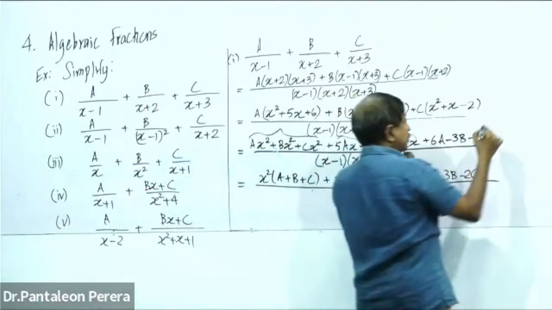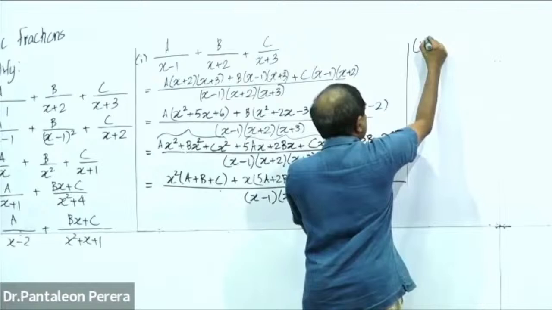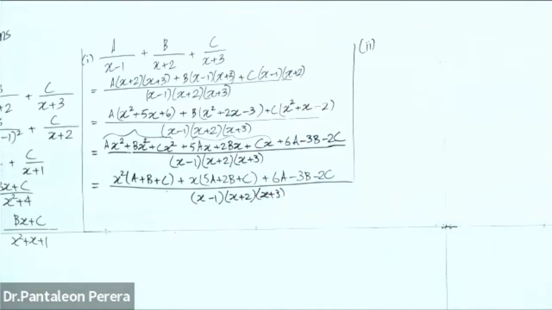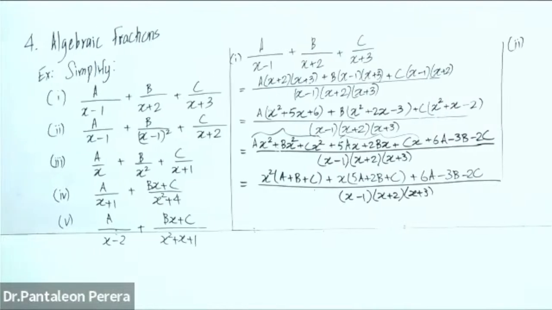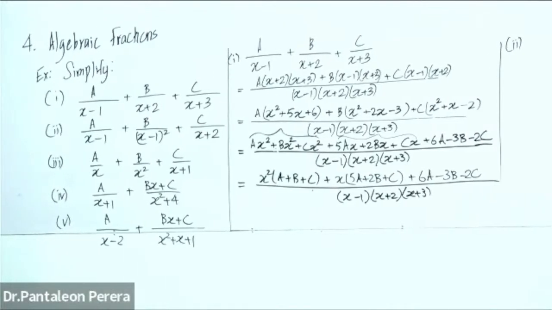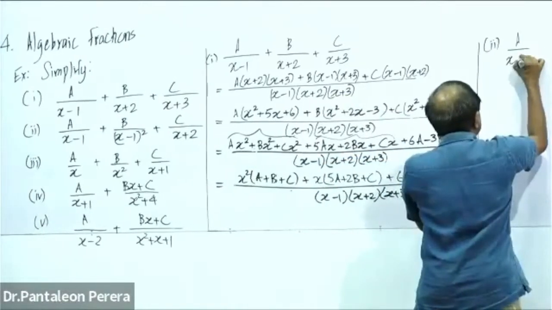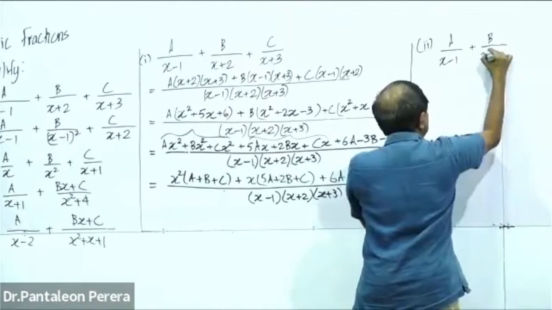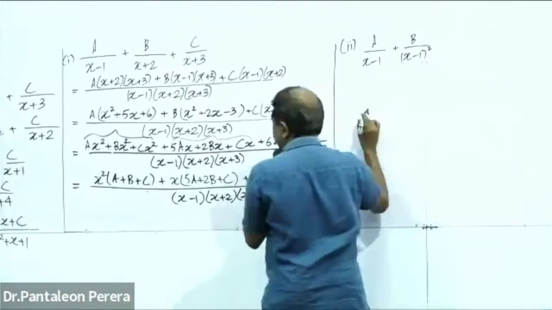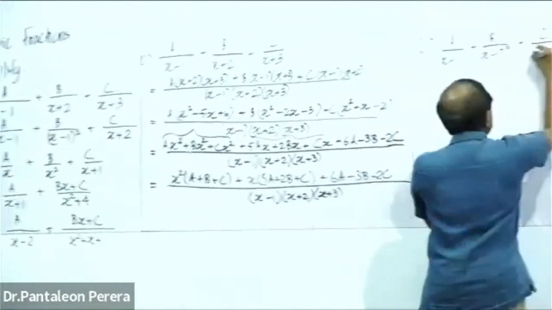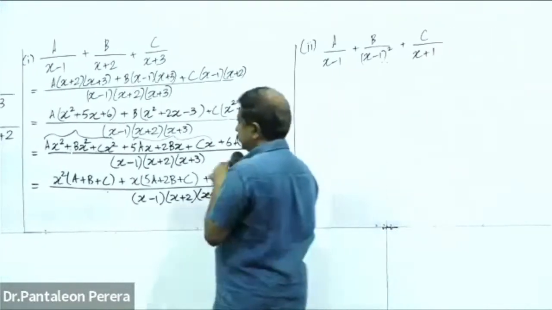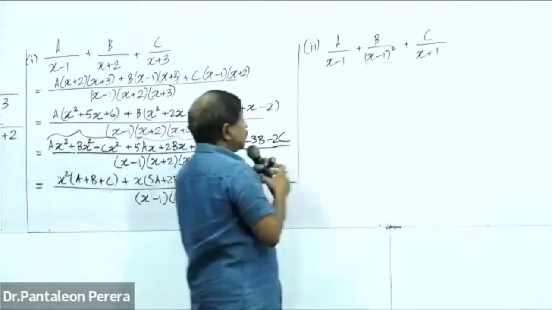Second, in the second problem, you know this what we have: a over x minus 1 plus b over x minus 1 quantity squared, and c over x plus 2.